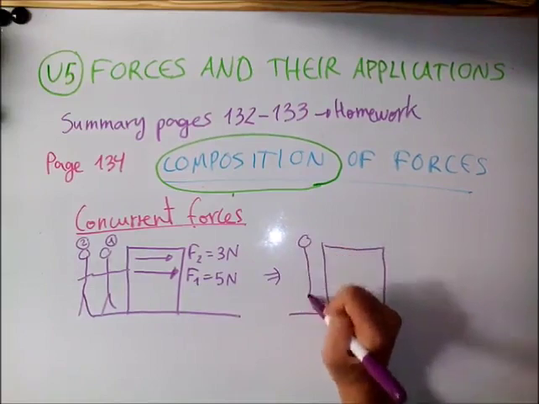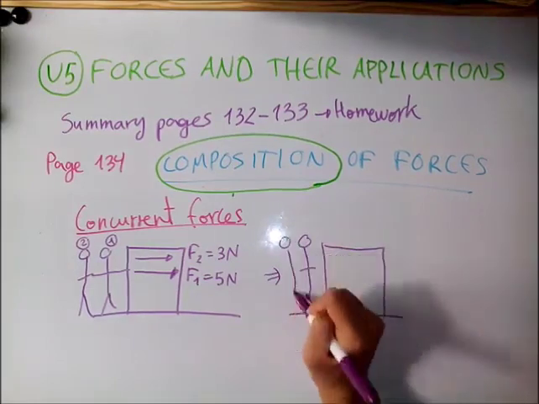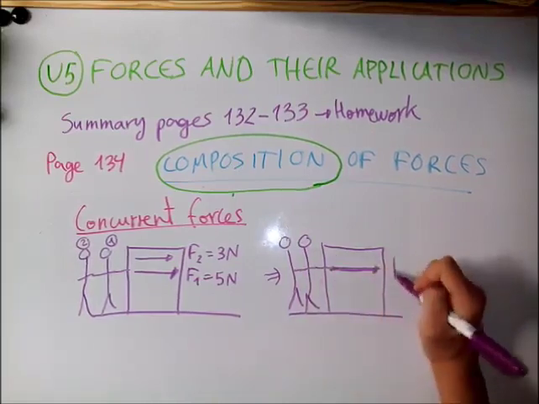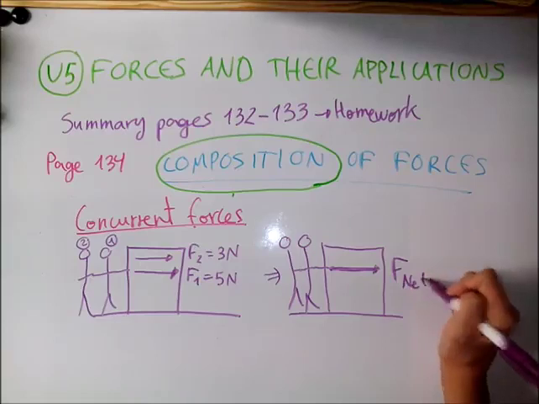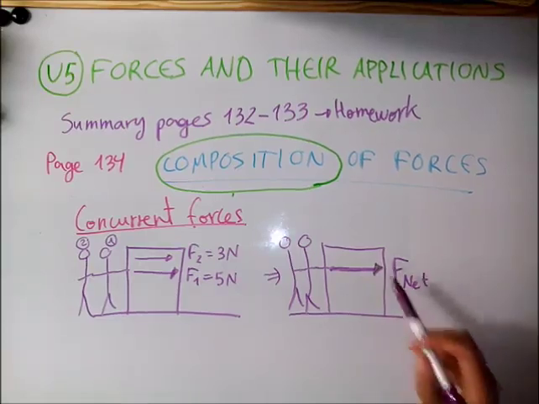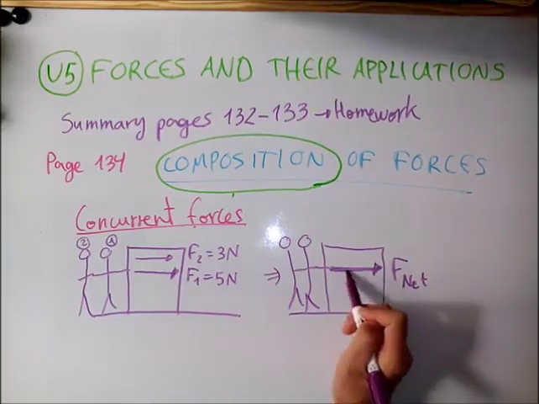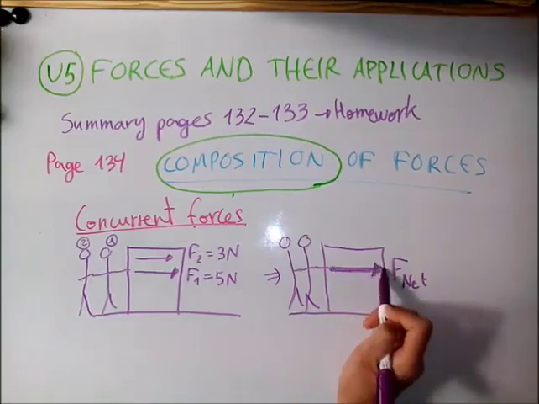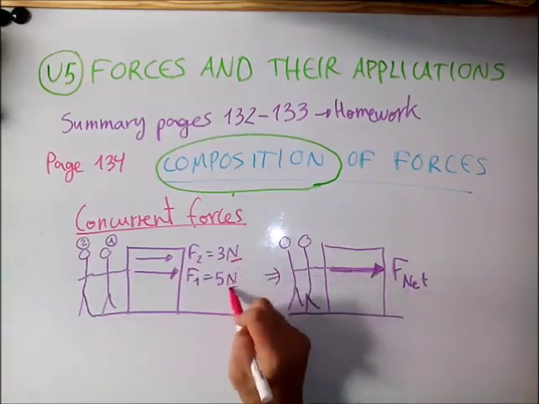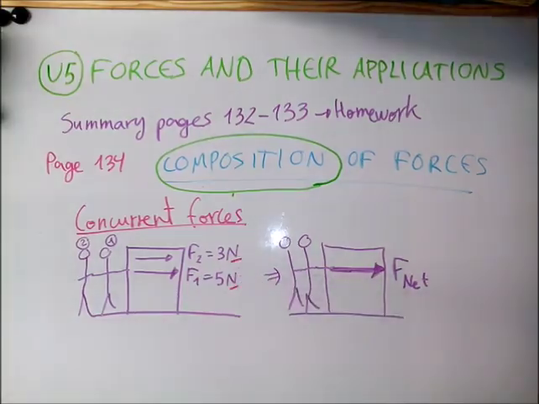We still have the 2 people, and instead of having 2 different forces, we're just going to have one force, which is called the net force. Okay? Net force. So the net force is equivalent to all of the forces that are acting on the object together, okay? Remember from last year, we already know about this, that force is measured in newtons after Isaac Newton, okay?